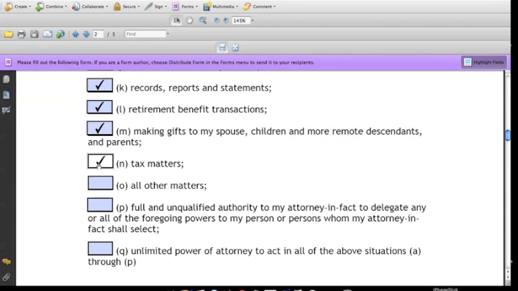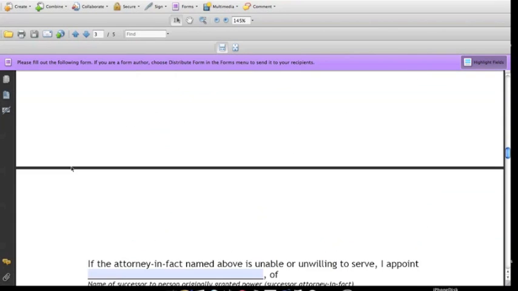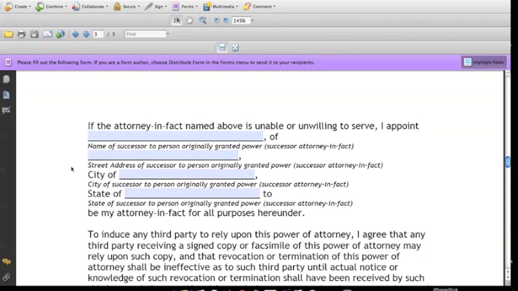But everyone's different. So you just go down, and now this is where, if the attorney in fact named above is unable or unwilling to serve, say Johnny Appleseed's wife is not able to act because he's not there, you need a backup attorney in fact or agent. This is where you would have your backup agent, just in case.